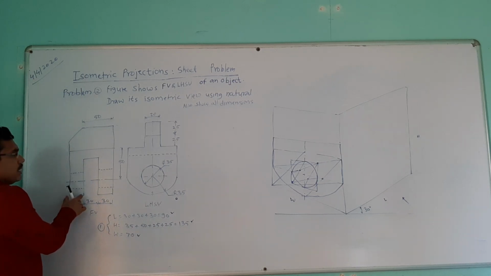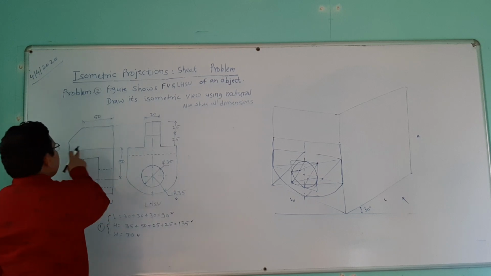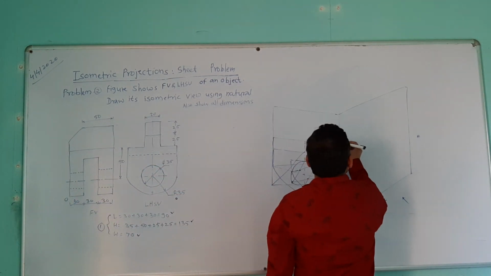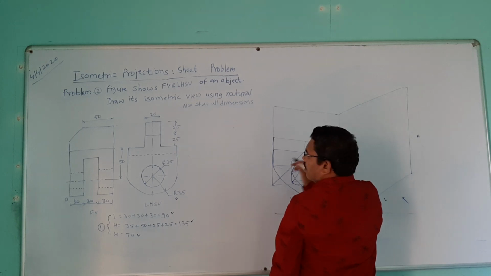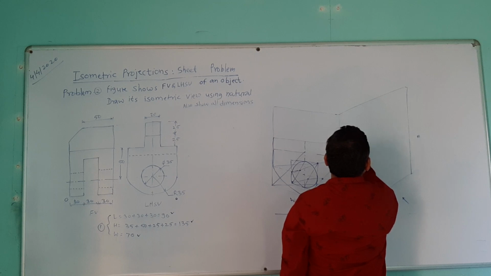So then this horizontal thickness of this plate is 30 mm given, and this 30 mm, after this 85 we have a full length line.